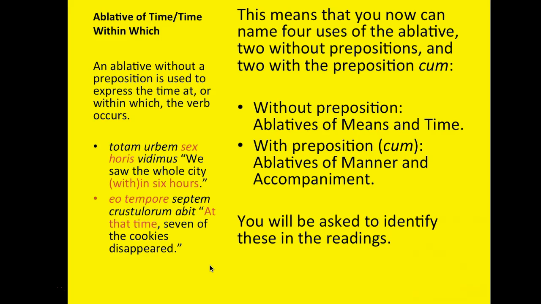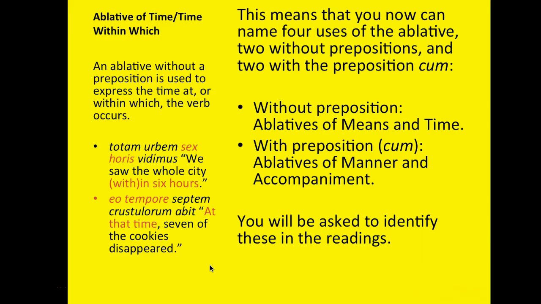And this kind of ablative is often called the ablative of time within which, because just as early on we saw that an ablative can indicate action that takes place within something, this is action that takes place within a period of time. So expressions like we saw the whole city in 6 hours.